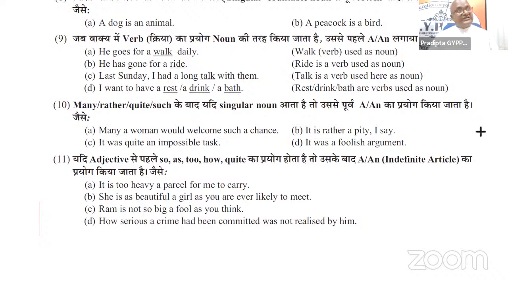Look at the sentences. It is too heavy a parcel for me to carry. She is as beautiful a girl as you are ever likely to meet. Ram is not so big a fool as you think. How serious a crime had been committed was not realized by him. So this is also another use.